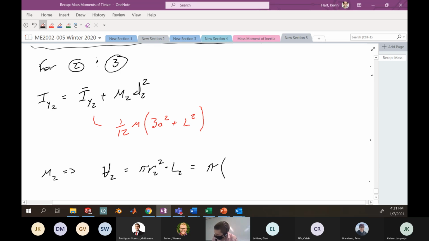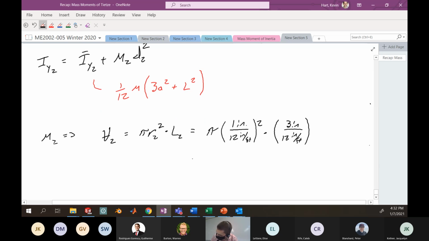So pi times the radius we showed before, 1 inch, normalized so that we work in feet, squared, times the length of my cylinder, 3 inches, again converting to feet. We can calculate a volume of this guy, 0.00545 feet cubed.